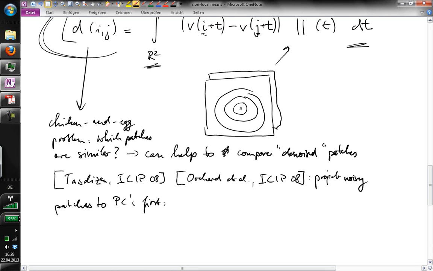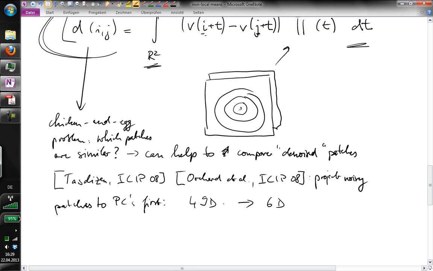I have not explained what principal components are. What you do in essence is you take your 49-dimensional point and then you project it to, let's say, just the 6 most important dimensions, where most important has a certain well-defined meaning.